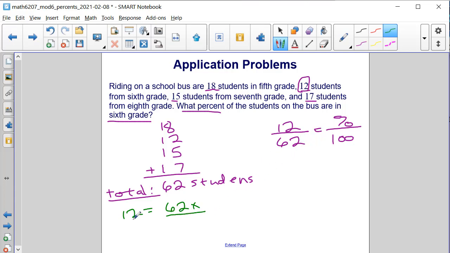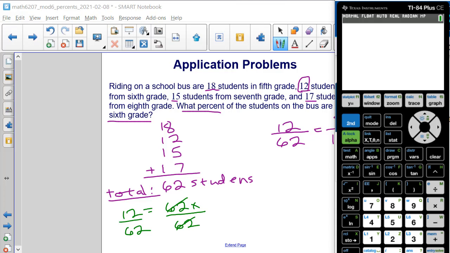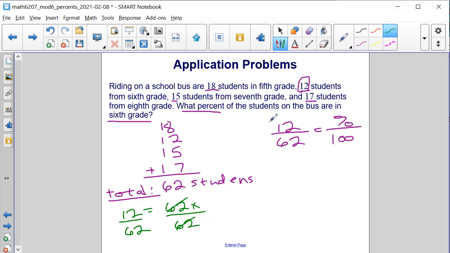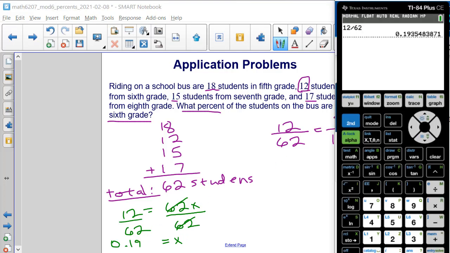So then if we were to take this equation and divide both sides by 62, we would get 0.1935.